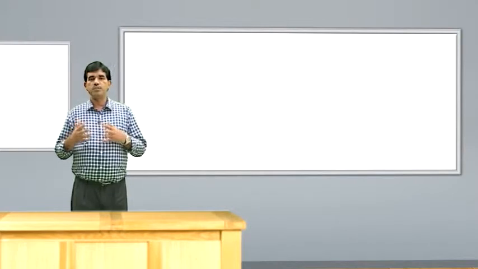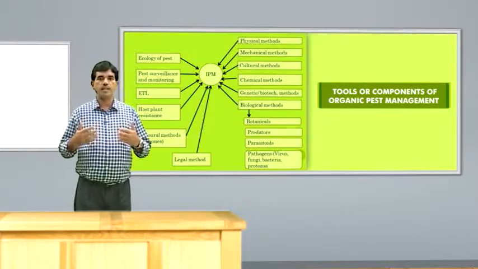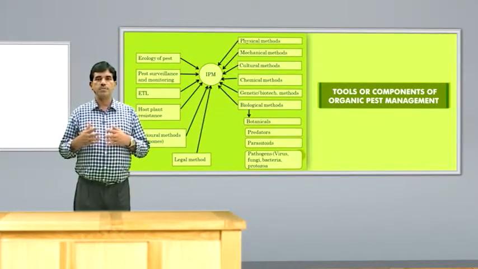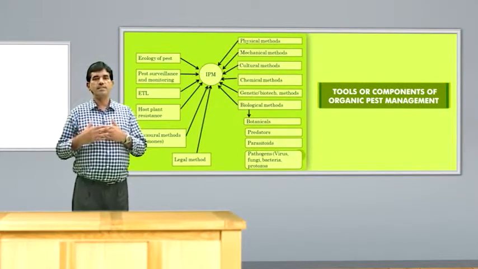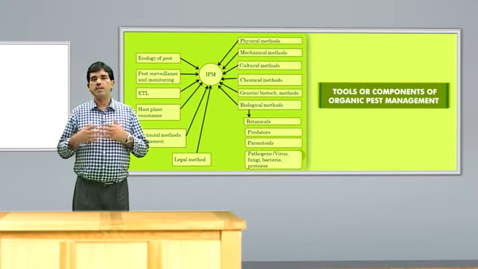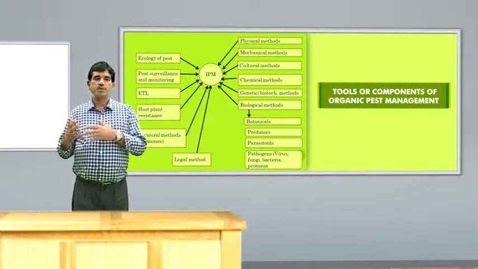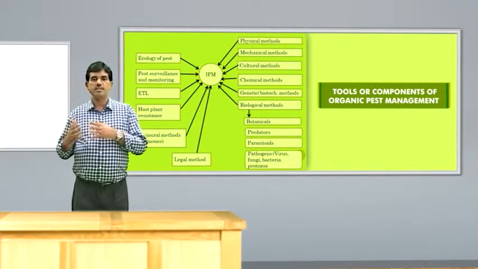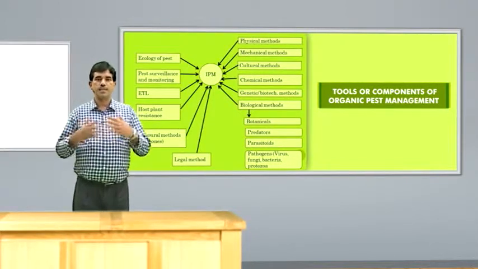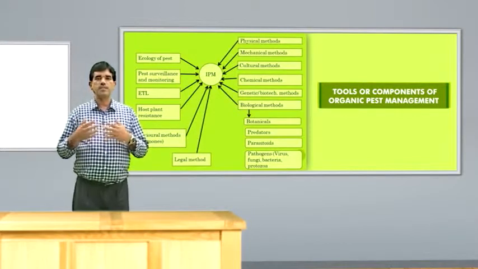Now there are different tools or components of organic pest management like ecology of pest, pest surveillance and monitoring, ETL, that is economic threshold level. It is the level of pest population or damage caused by the pest, which when it exceeds the cost of controlling the pest, becomes your economic threshold level.